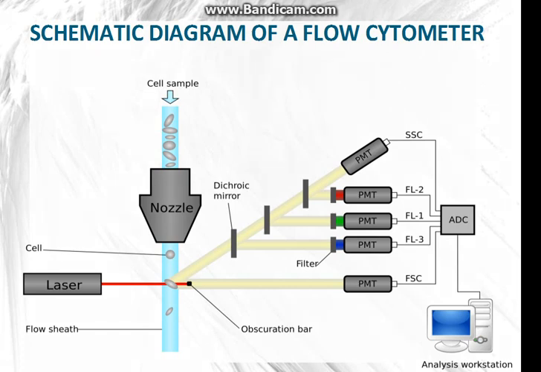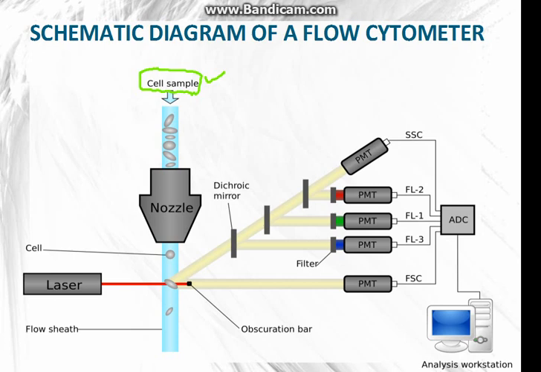So firstly, there is a cell sample. Now this cell sample can be blood, it can be bone marrow sample, it can be any aspirate, it can be also any solid tissue which can be converted into single cell preparation for the technique to process.